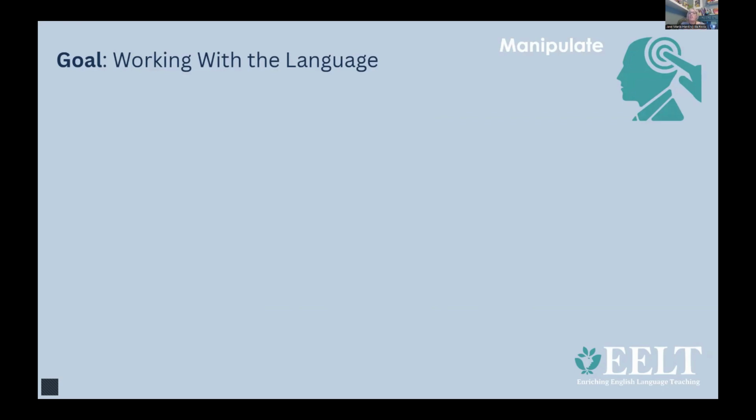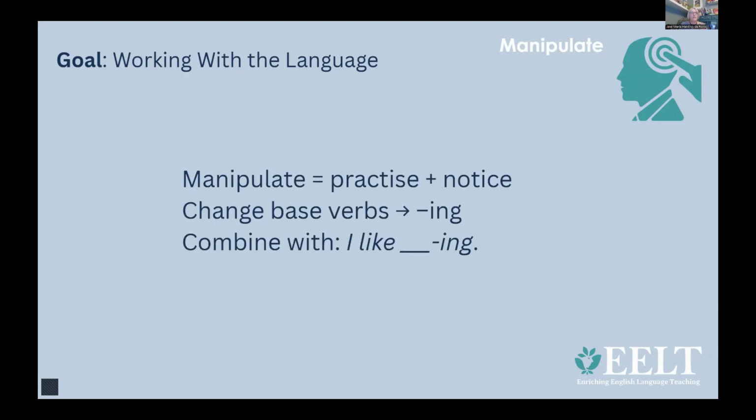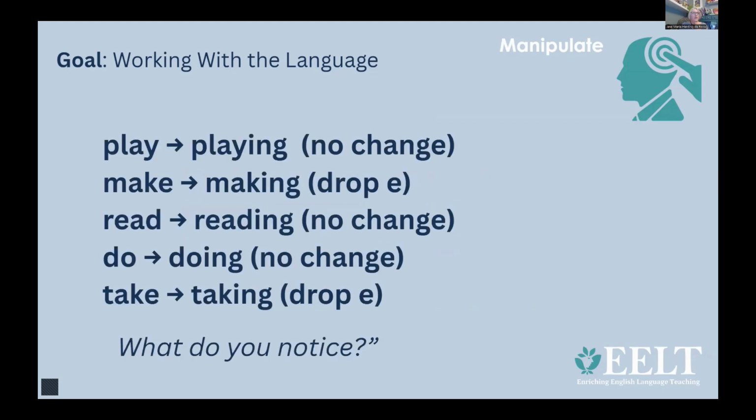So we're focusing on those base verbs and turning them into their ing form so they can fit into our model sentence. So the manipulate stage means practicing and noticing. I think this is really important. And like I say, we're changing the base verbs by adding the ing and you're combining it with the I like. We'll start with the changing of the verbs.